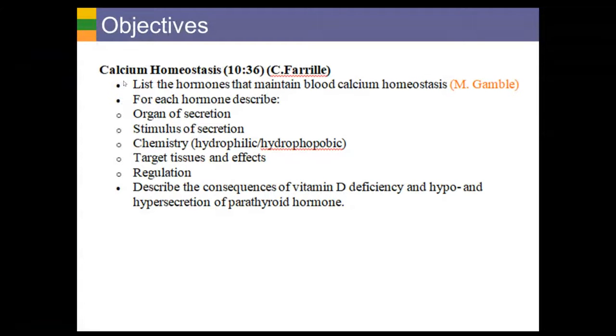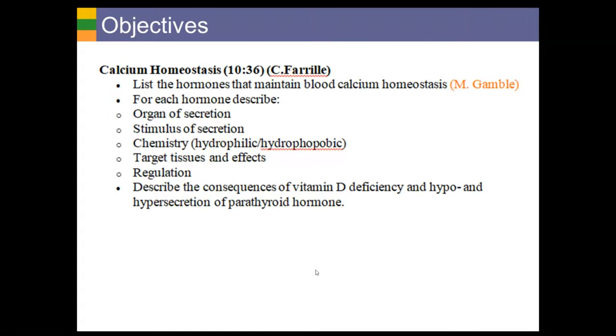All right, calcium homeostasis. When we talk about calcium homeostasis, what we're talking about is maintaining normal levels of calcium in the blood. If you recall, when we were covering the skeletal system, I mentioned that blood calcium levels are very important. Calcium is important for maintaining proper activity of the nervous system.